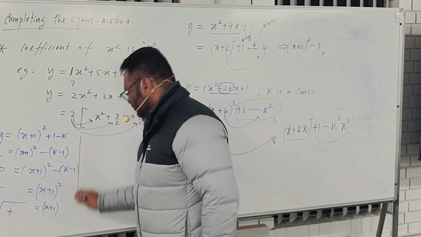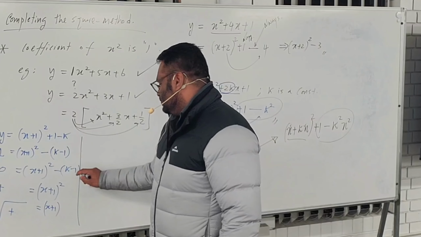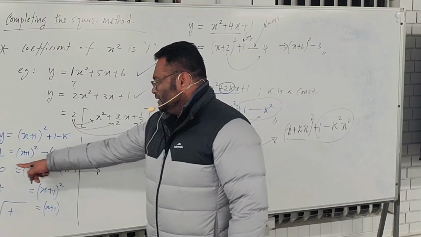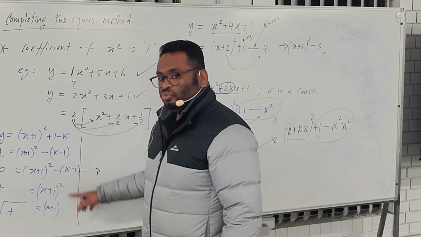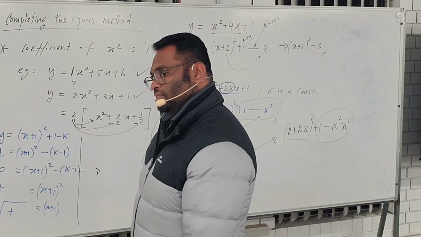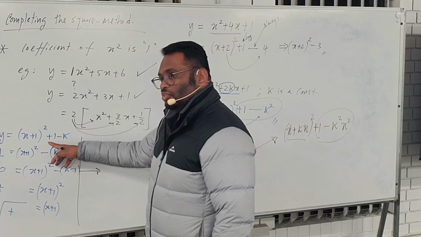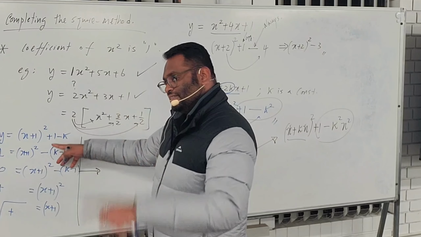Next thing. First thing is fine. Second thing. If you write in this way, if you bring minus out, this is 0, right? You can factorize it using difference of two squares. If you have a plus, you can't write this as a difference of two squares. That is the second reason.